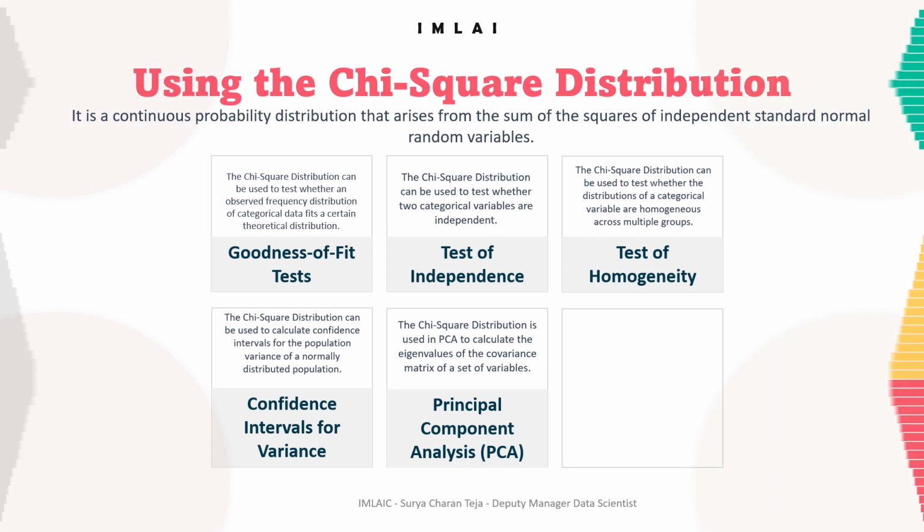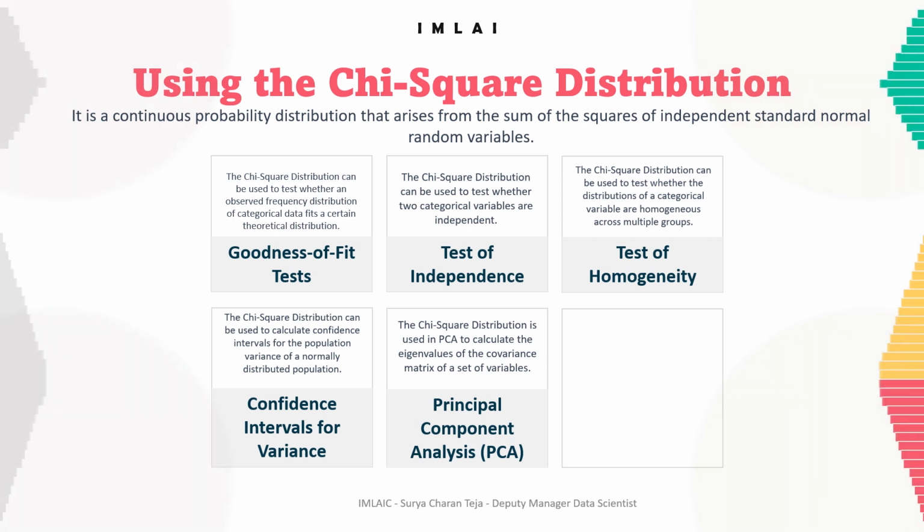In machine learning, the chi-square distribution is often used in feature selection and dimensionality reduction. Very, very important.